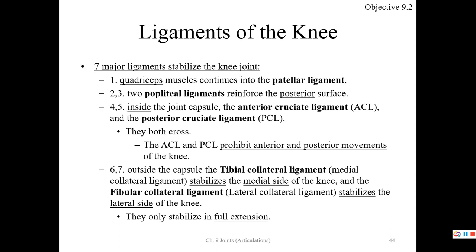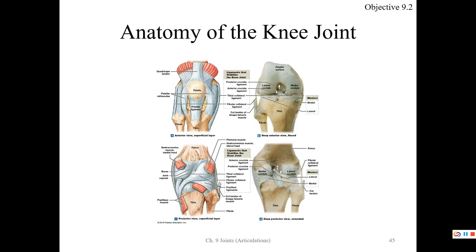It stabilizes the medial side. And the fibular collateral ligament, also called the lateral collateral ligament, stabilizes the lateral side of the knee. But they do this when they're in full extension. So if you are hit in full extension, you're going to have the most amount of stability. Knee is less stable if it's not fully extended.